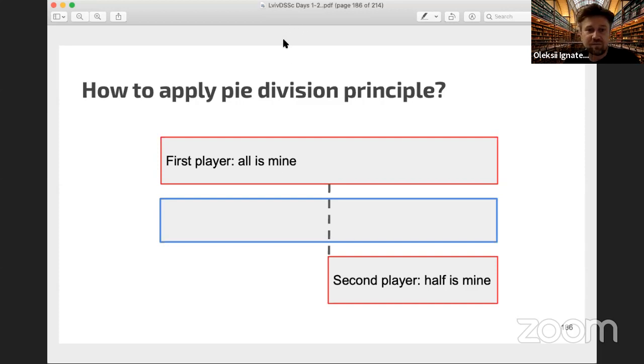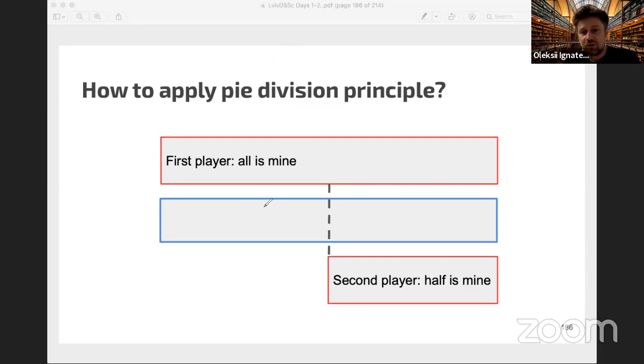Well, probably if you see this problem the first time, you have an idea. Okay, first player wants 2 shares, second player wants 1 share. So let's divide proportionally. First player will get 2/3 and second player will get 1/3. So it's like a fair division, but it's not the case here.